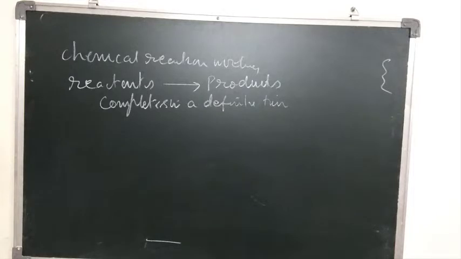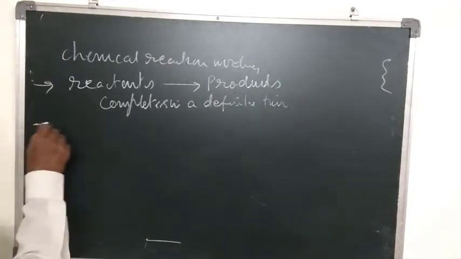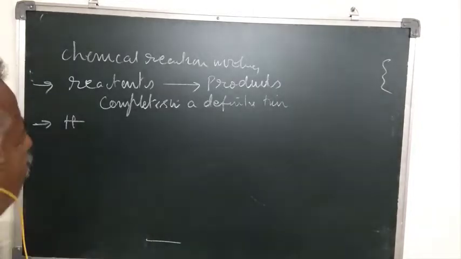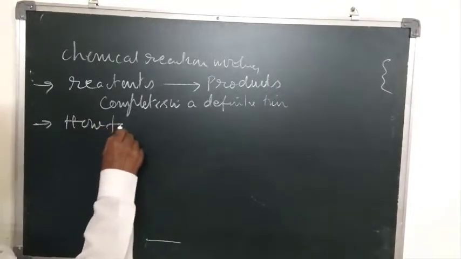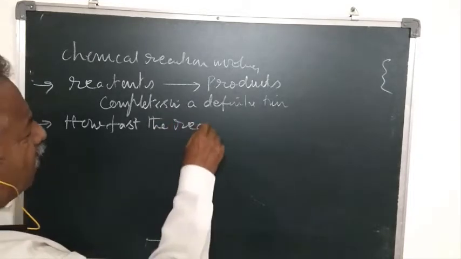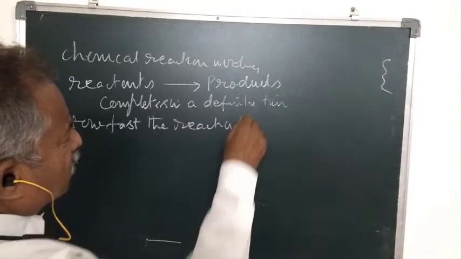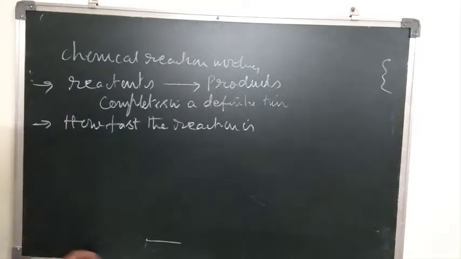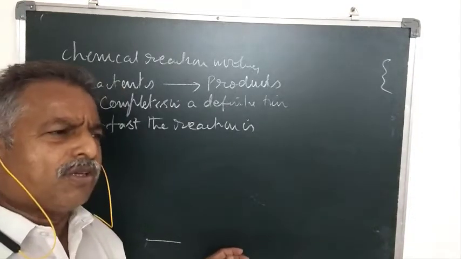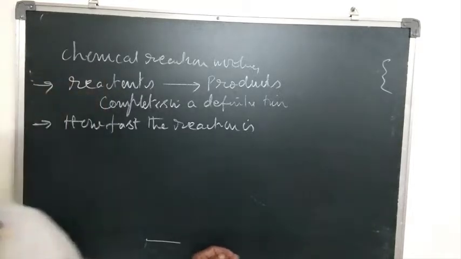Then we can understand, as the reaction completes in a definite time, we can find how fast the reaction is. That means whether the reaction completes in a quick time, or it takes considerable time, or is very slow.